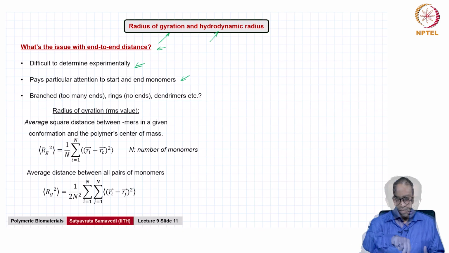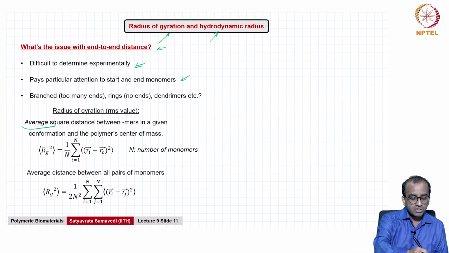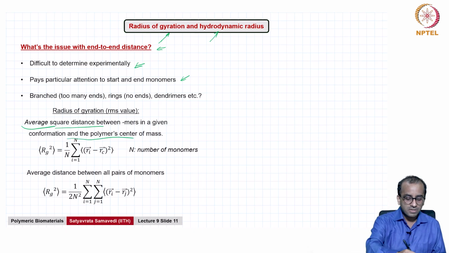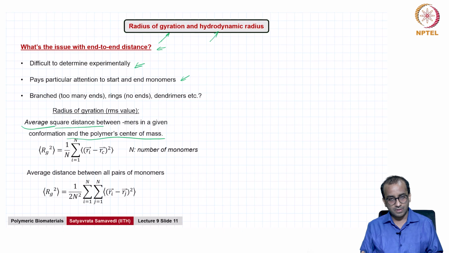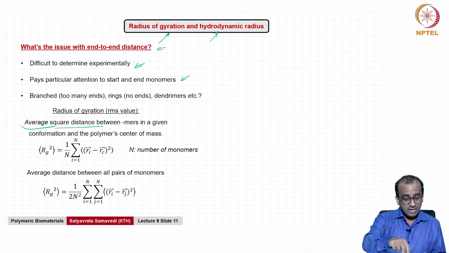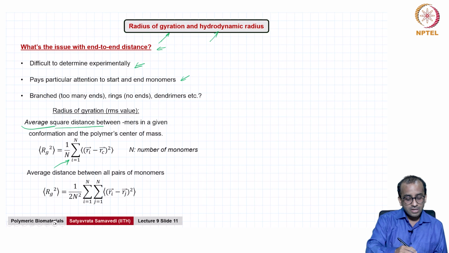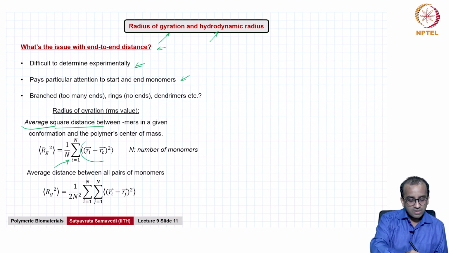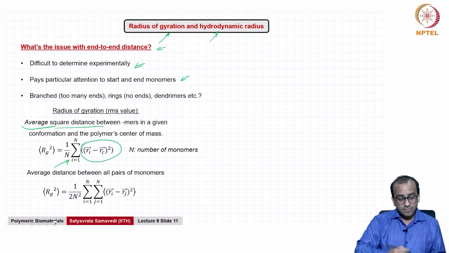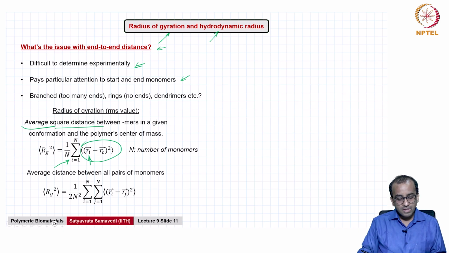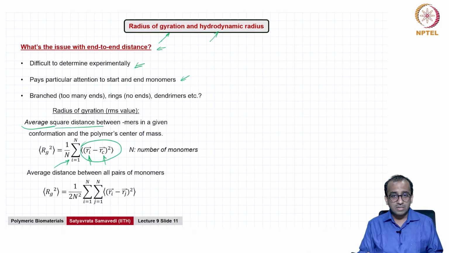Radius of gyration is the average square distance between the mers in any given conformation and the polymer's center of mass.